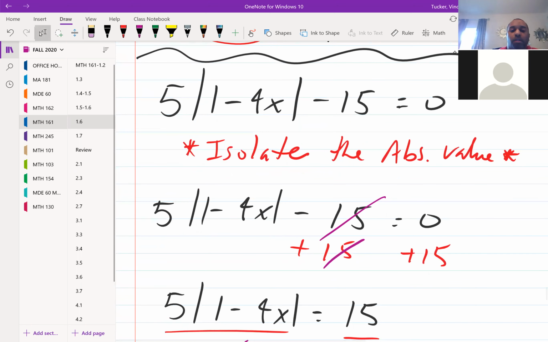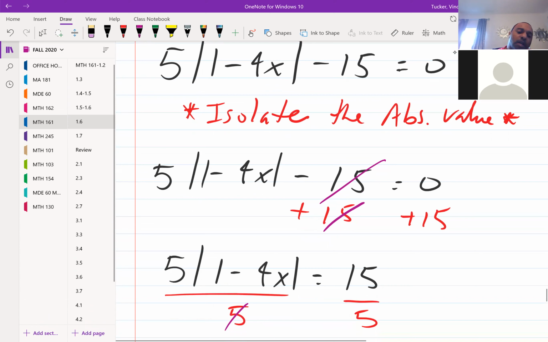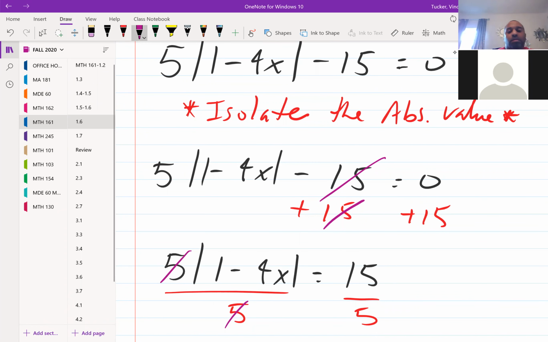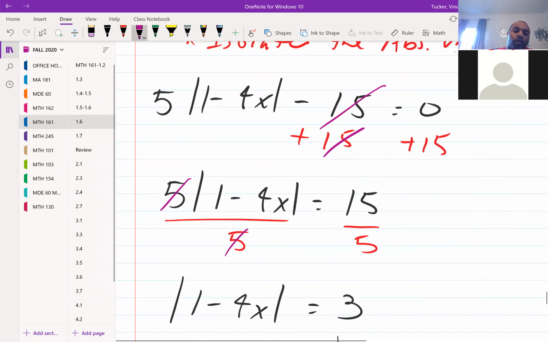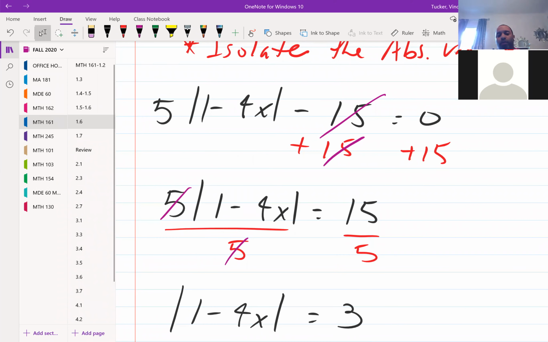That'll give us 5 absolute value of 1 minus 4x equal to 15. Divide by 5. Now we have the absolute value of 1 minus 4x equal to 3.